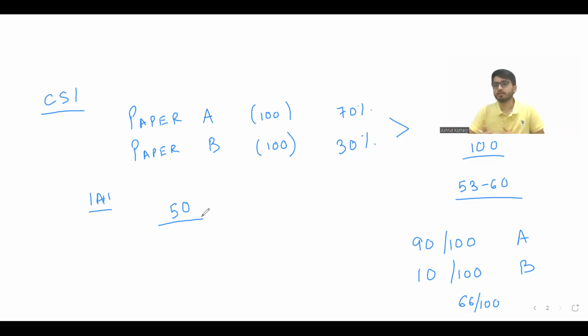And in that case, the concept of 70% and 30% doesn't come into the picture, at least for passing purposes. It matters for getting the final marks, on which basis you could feel good if you're scoring high marks or securing a rank. Apart from that, for passing purposes, if you're scoring at least 50 in paper A as well as paper B, then you would be clearing the examination.